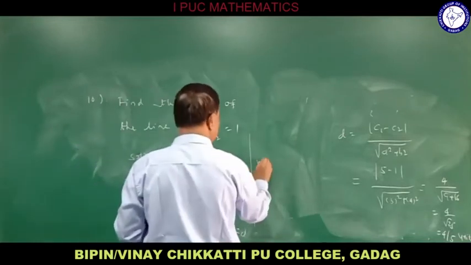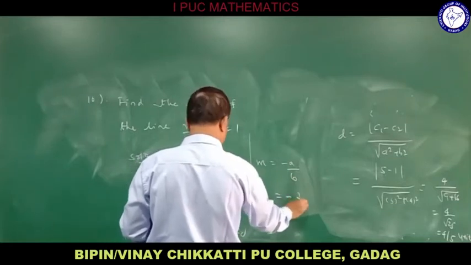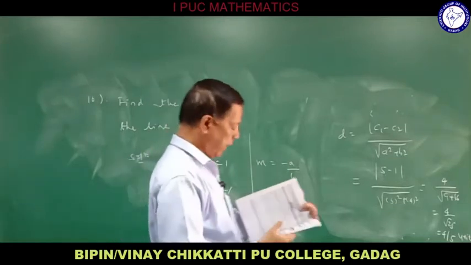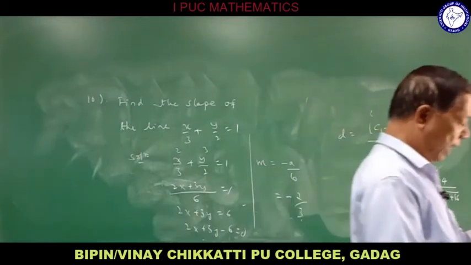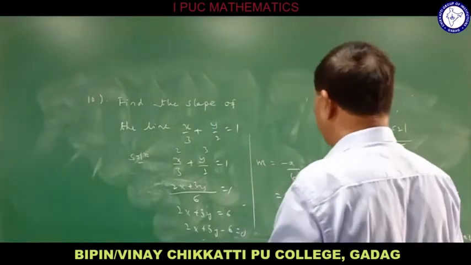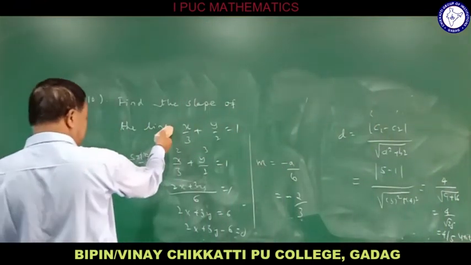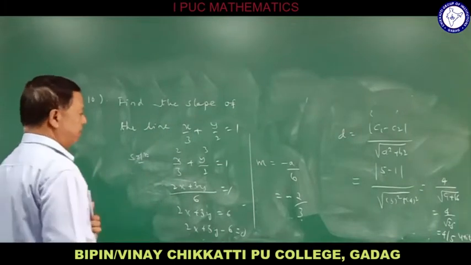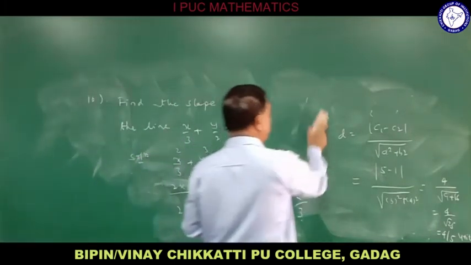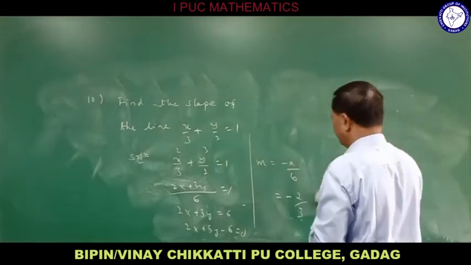Then you can say what the slope is. The slope is minus a by b, minus 2 by 3. What is the slope of this line? Here you can say directly that it is minus 2 by 3. I hope you see how the slope was determined: I brought the intercept form to the general form, otherwise it is very difficult.